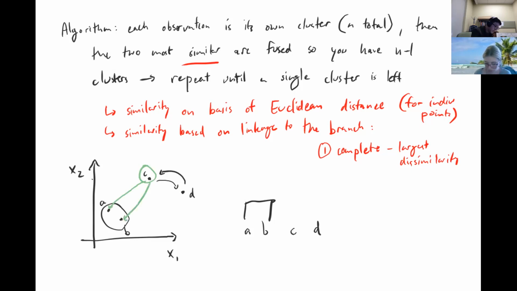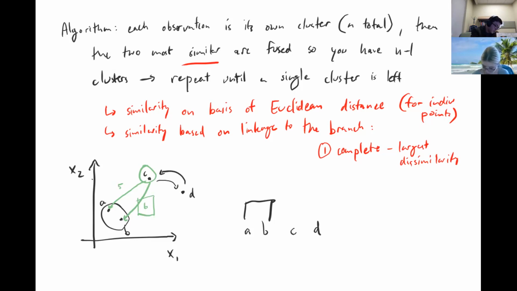Let's say the Euclidean distance is 5 and this is 6. And therefore, the 6 is a larger distance, so it is less similar, and therefore I will choose 6 as the next set of distances that I'm going to compare.